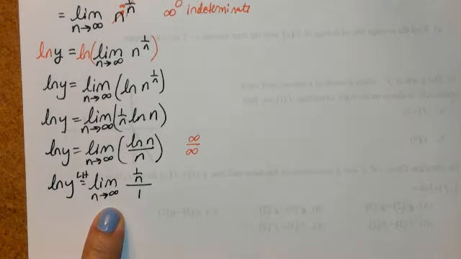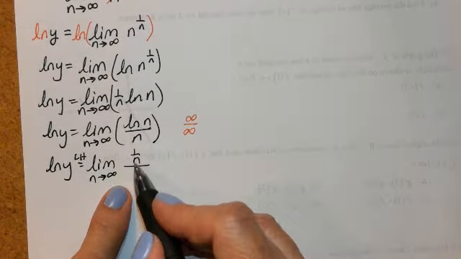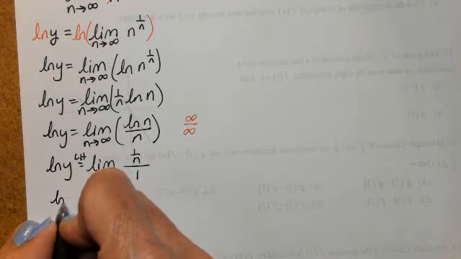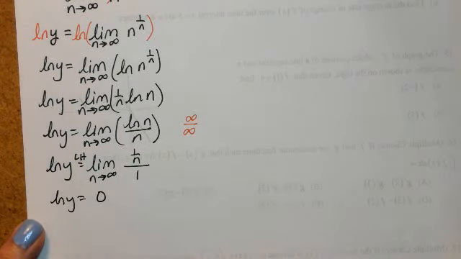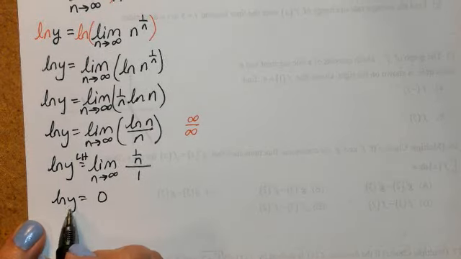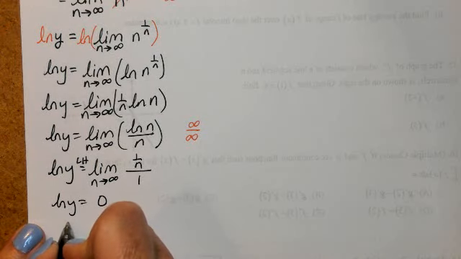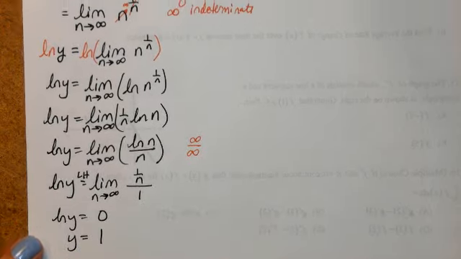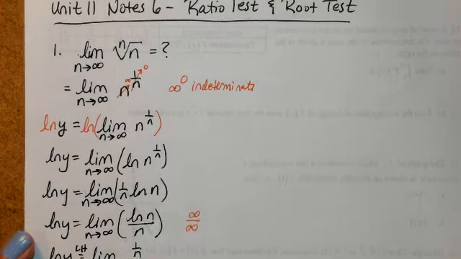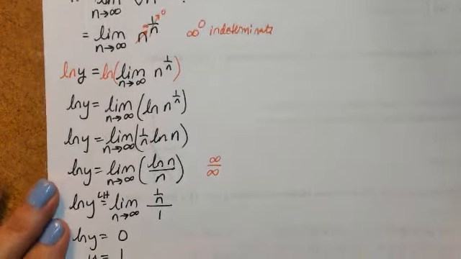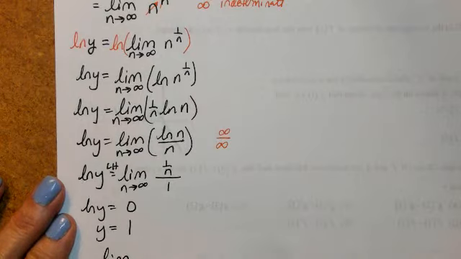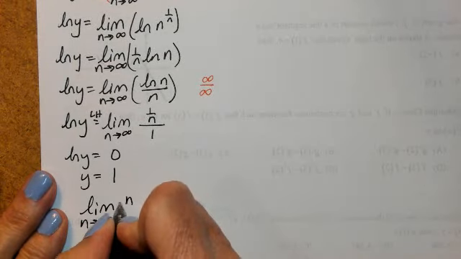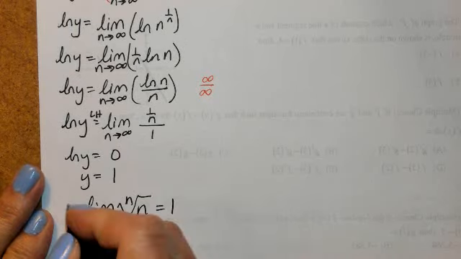Now when I let n go to infinity, I get 1 over something going to infinity, so that's 0. So natural log y is 0. To get y, e to both sides, e to the 0 is 1. So we found that the limit as n goes to infinity of the nth root of n is equal to 1.